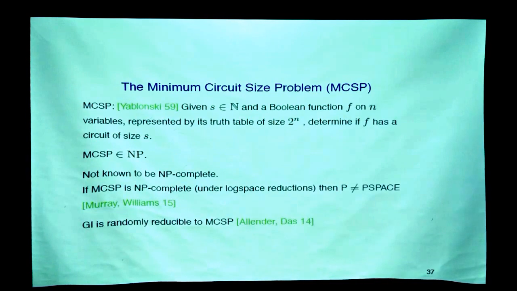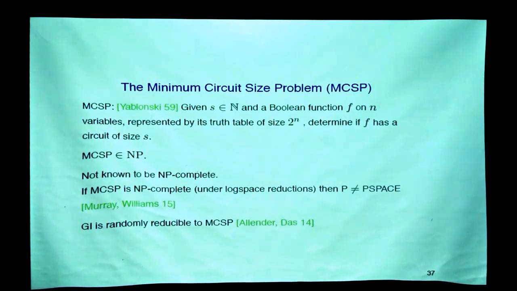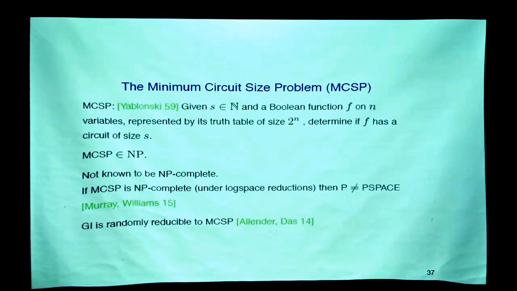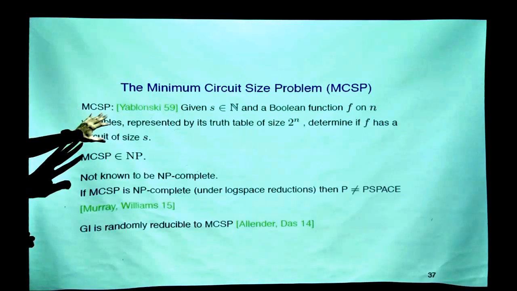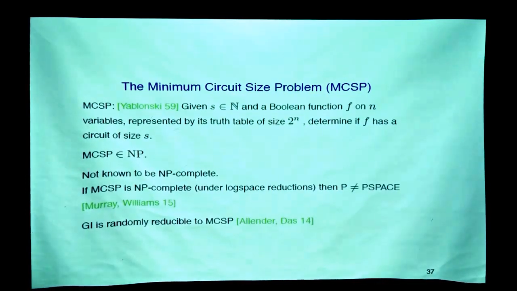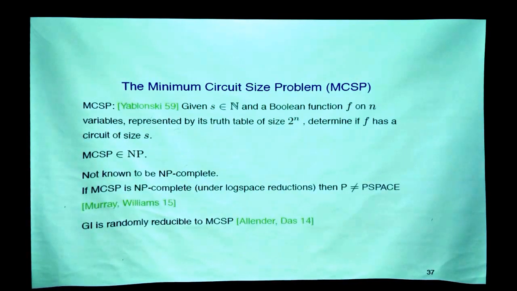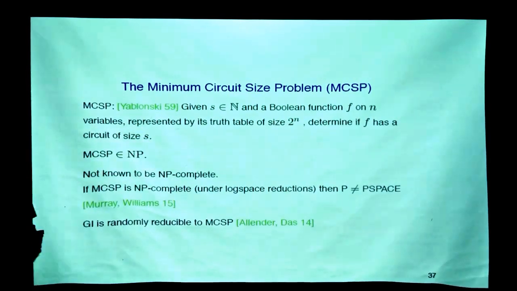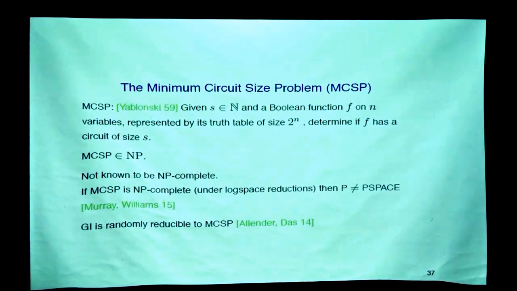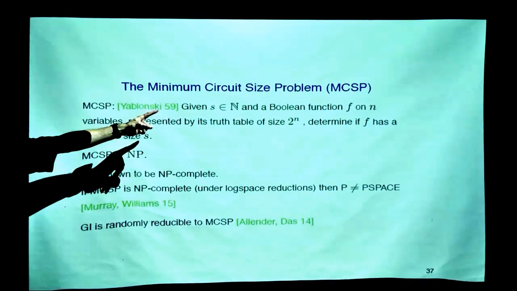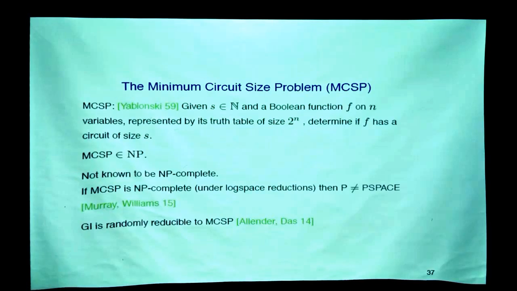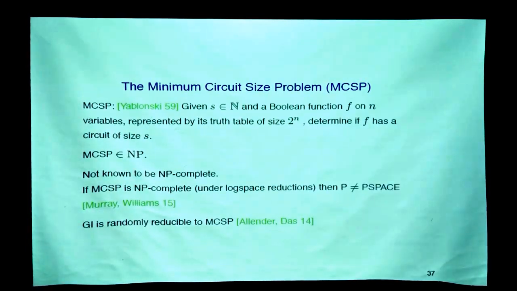And again, a different kind of problem, the minimum circuit size problem. This is one of the original problems, I would say, although it's not that well known. So we have a Boolean function given to us by a truth table of size 2 to the n, and an s, also part of the input, and we want to know if it has a Boolean circuit of size s.